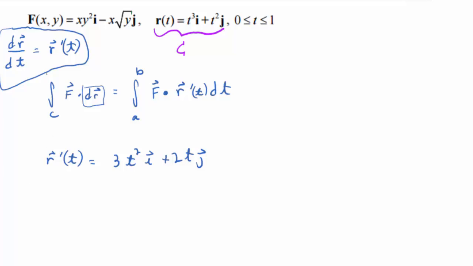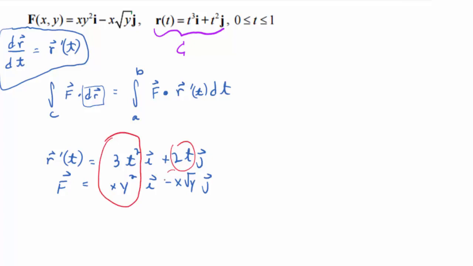But if you want to, you could just take the F that's given, xy squared i minus x square root y j, and do the dot product first and then make the substitutions. So this guy times this guy, and then these guys multiply together. What do you get if you do it that way? F dot r prime.